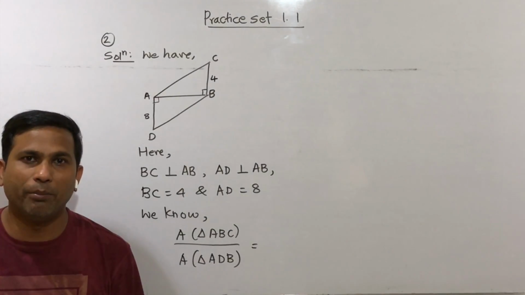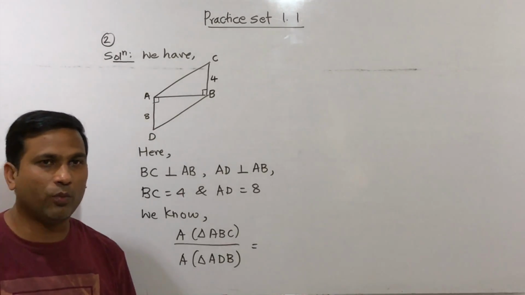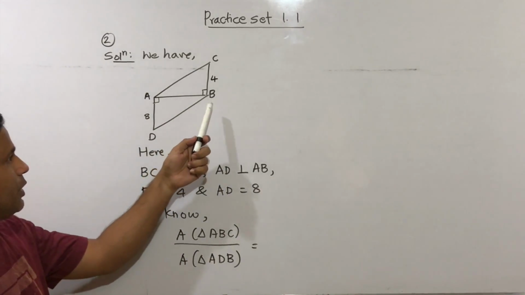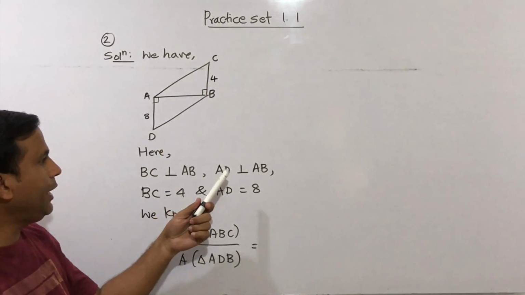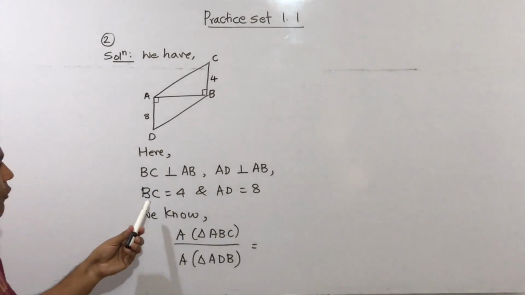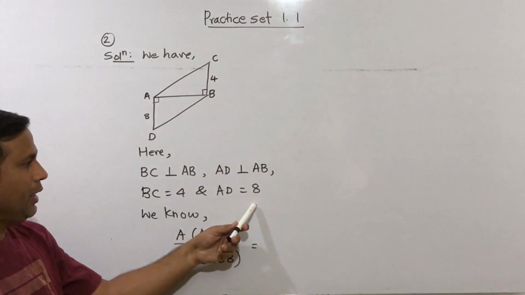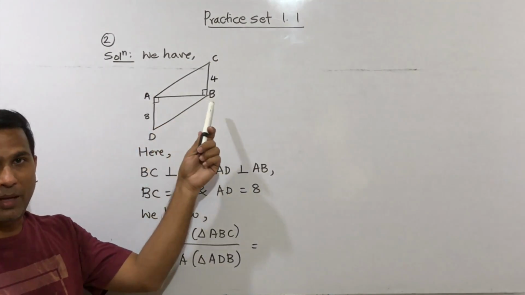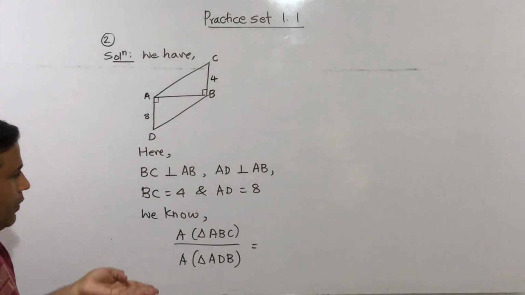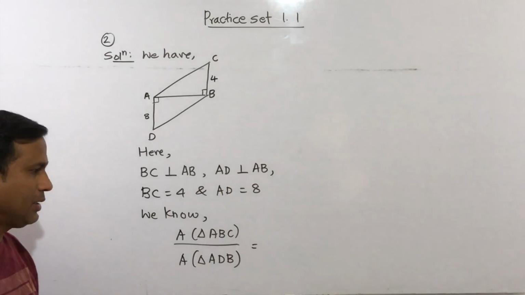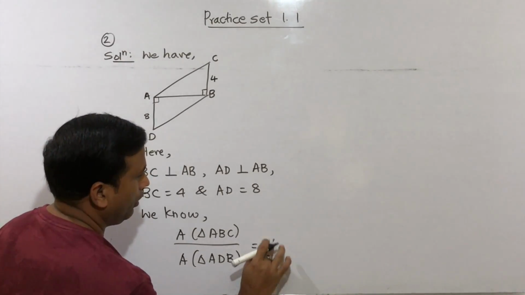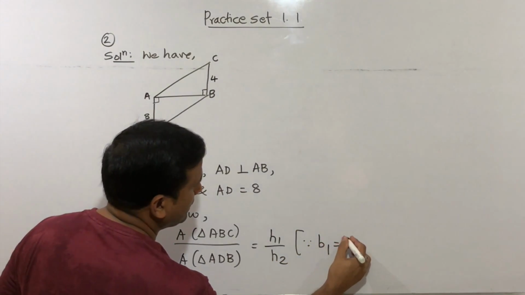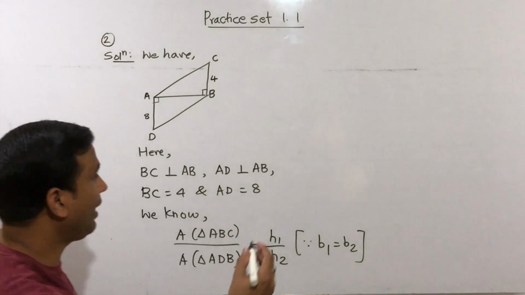Let us see example number 2 from practice set 1.1. We know that in the figure BC is perpendicular to AB as well as AD is perpendicular to AB, where the value of BC is given as 4 and the value of AD is given as 8. If you observe both the triangles, they have a common base. Therefore, the ratio of the areas is equal to the ratio of their corresponding heights, since their bases are equal. Now we'll substitute the values.